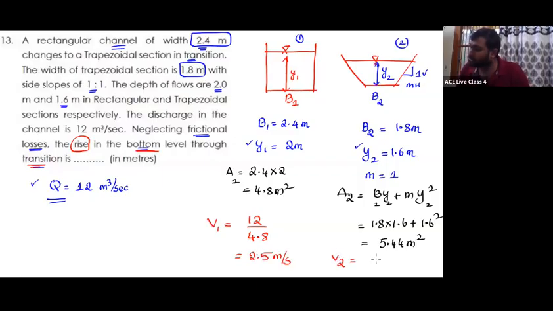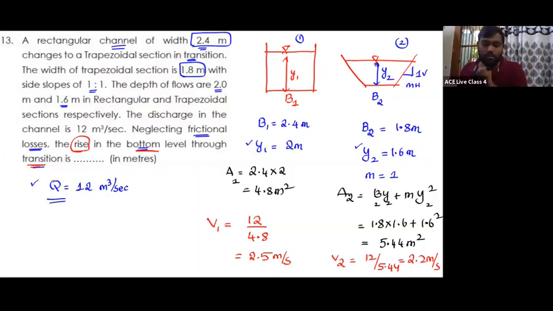And what is V2? V2 is nothing but 12 by 5.44, which is going to be 2.2 meters per second.